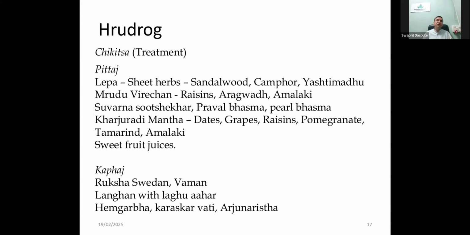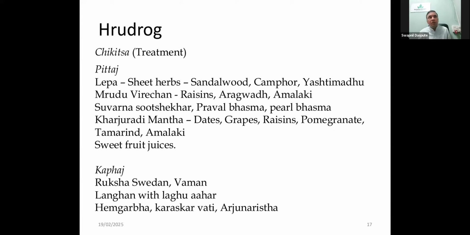This is good for rehydration, wherever you see dehydration or weakness, you can give the patient Kharjuradi mantha. Soak these things in water, grind them the next day, filter it and give it to the patient to drink. Excellent rehydration will happen through this.